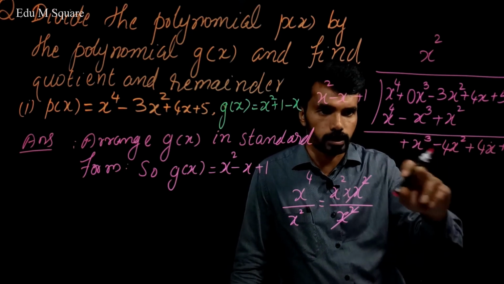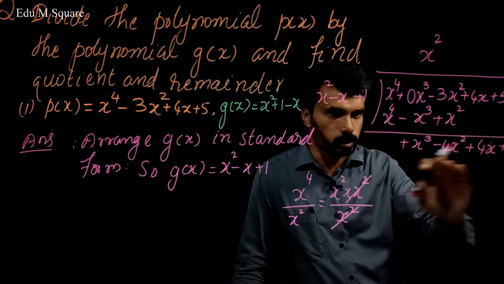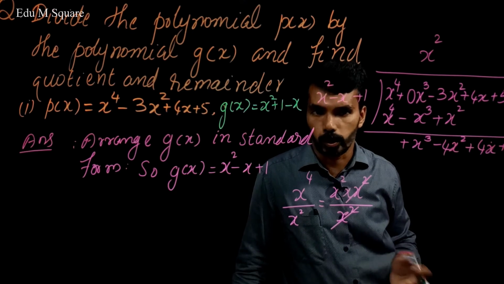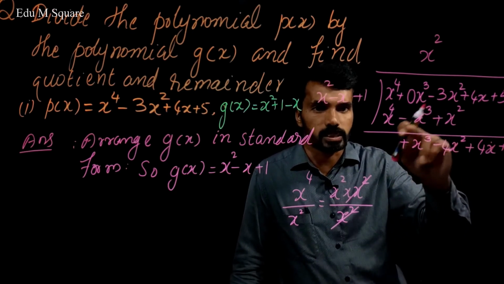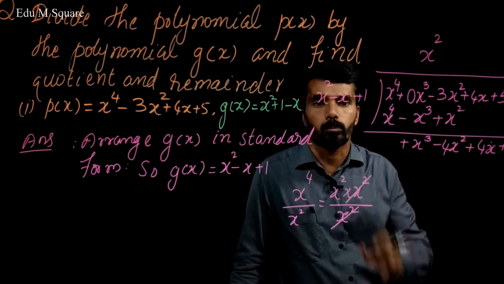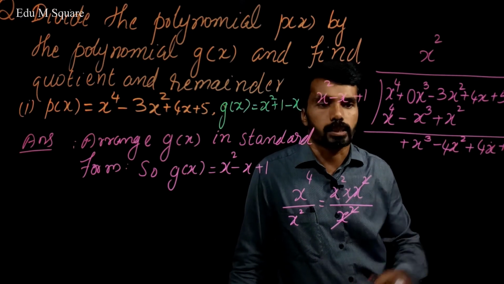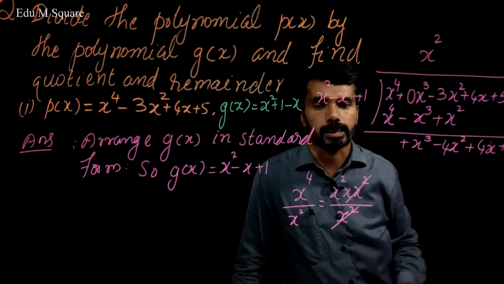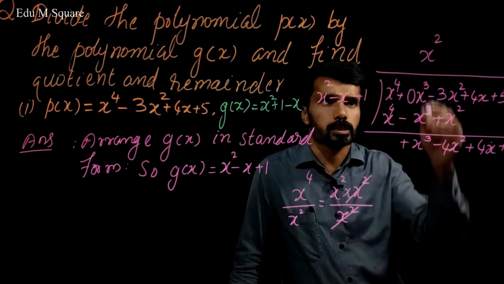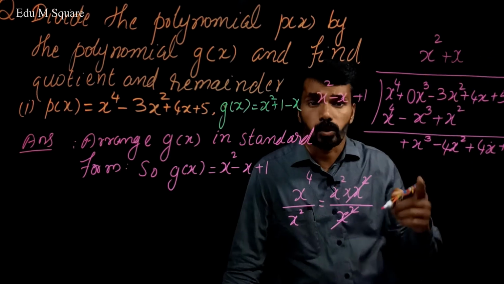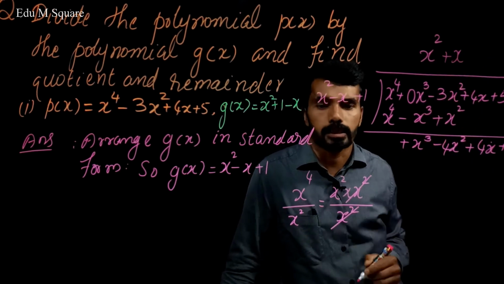That is, we consider this remainder as the new dividend. So we divide the first term of this new dividend by the first term of the divisor. So x cube divided by x square gives x. So we write it in the quotient.